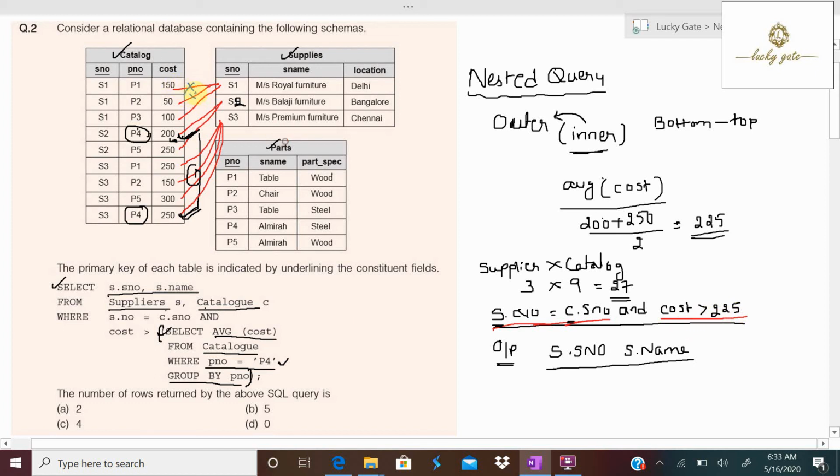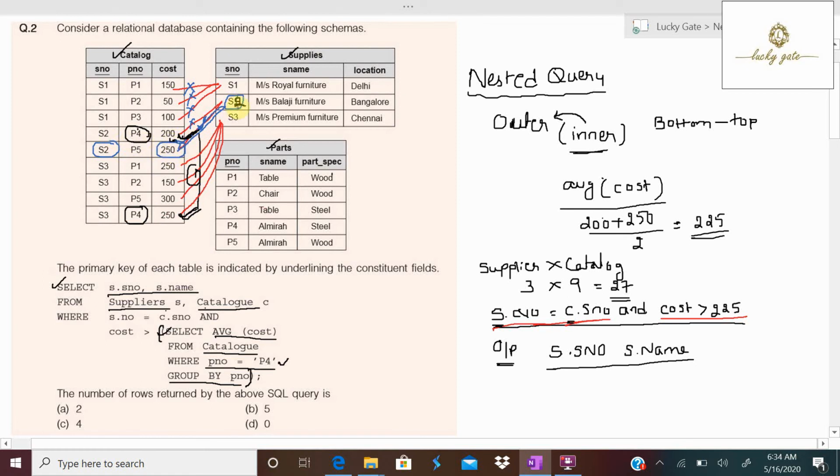Now first tuple: cost 150 greater than 225, wrong. 50 greater than 225, wrong. 100 greater than 225, wrong. 200 greater than 225, wrong. 250 greater than 225, correct. So for this combination, it is satisfying the condition: s number and c s number are matching, S2 equal to S2, and also satisfying the condition cost greater than 225.